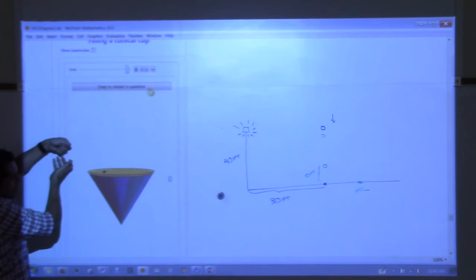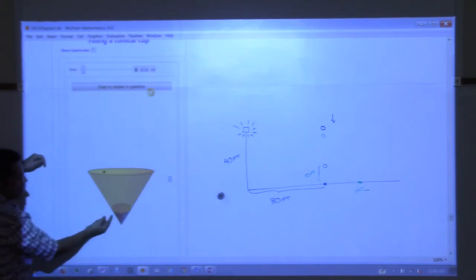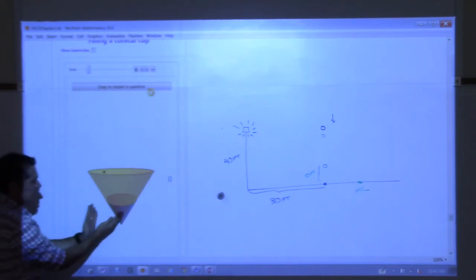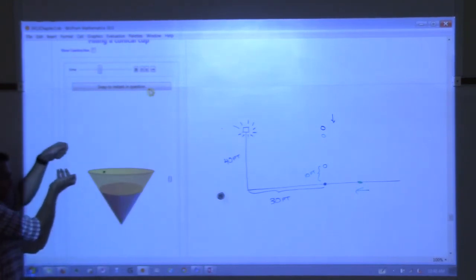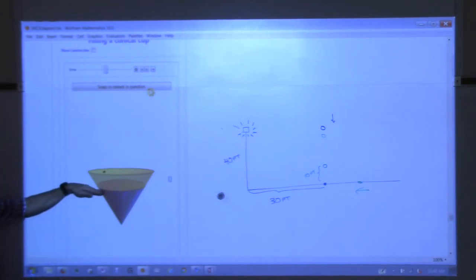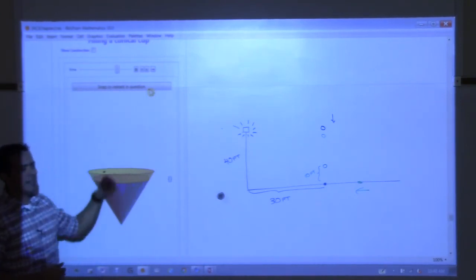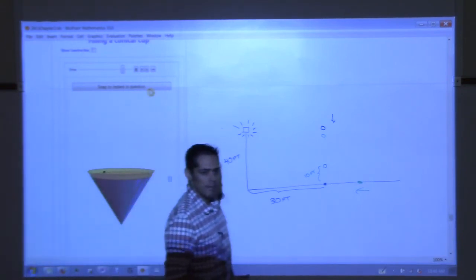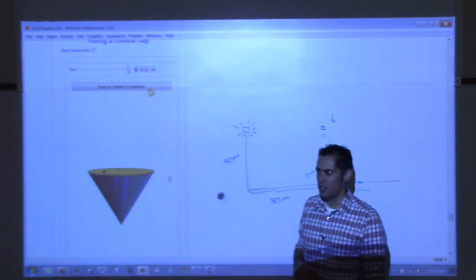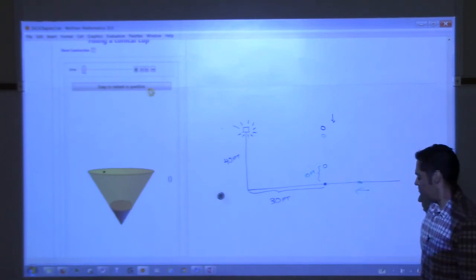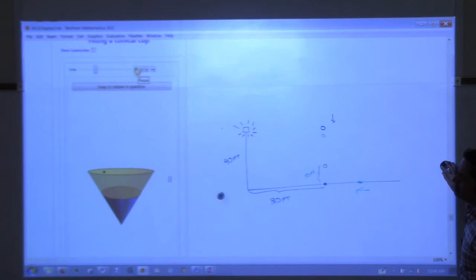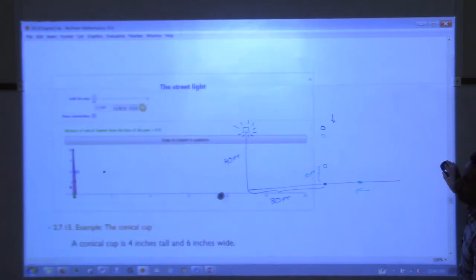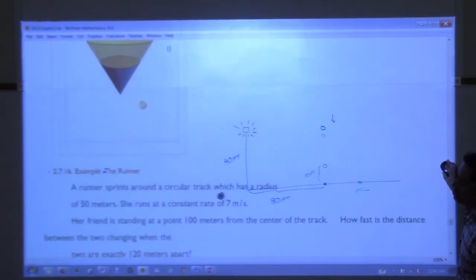Let's let it start over again. Notice in the beginning, it comes up very fast. Why? Because it's very narrow, right? So it's coming up very fast initially, and then if I'm pouring it in at a constant rate, it gets slower, doesn't it? At any point in time, I can say right there, how fast was the height changing? Understand that question? So we'll be looking at a lot of these things. And these, like I said, become a little bit challenging.